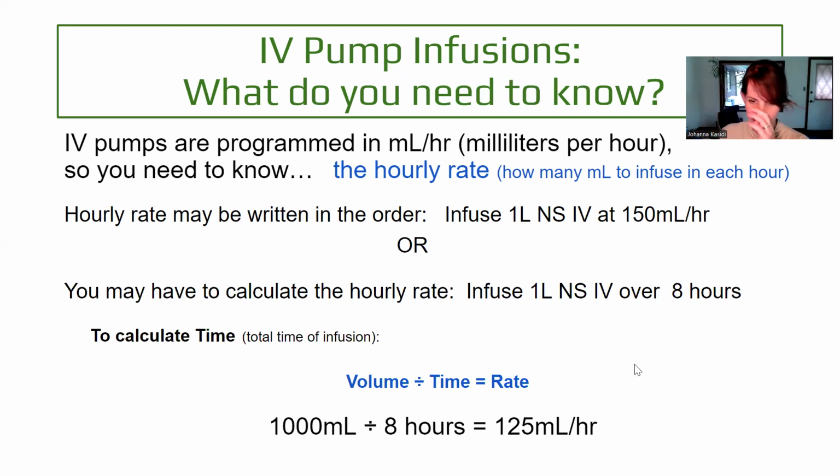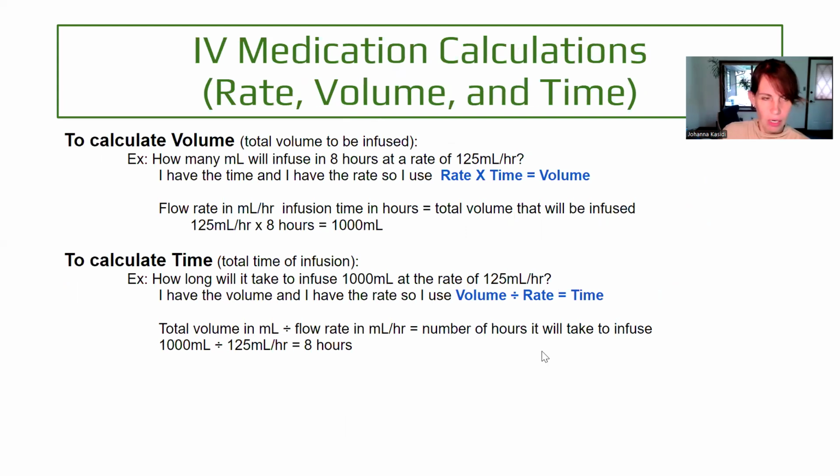Now, these three factors are all related to each other. The rate times time equals volume. So if you just remember that one piece, rate times time equals volume when it comes to IV, then you know that volume divided by time equals rate, and volume divided by rate equals time. It's kind of like, you probably remember from math class, 2 times 3 equals 6.